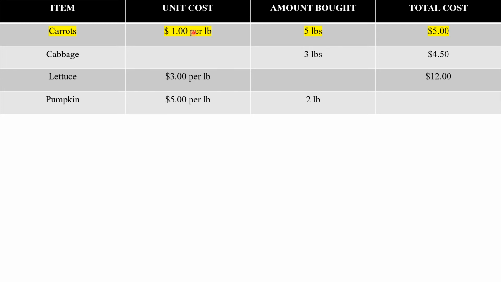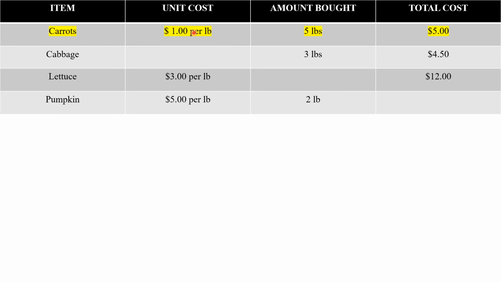Here I don't really want to get into giving you formulas, because this is not about formulas. This is about logic. Yes, we could attach formulas to it, but I think it's better when you understand what is happening. I could tell you, okay, to calculate the total cost is the amount bought times the unit cost. Yeah, we could come up with that formula, and that might always be true, but it's better when we understand the whole logic behind it.